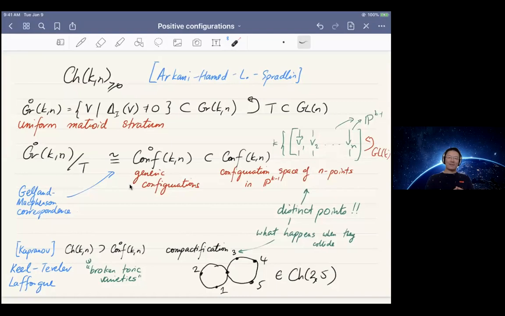The hypersimplex is the polytope which is the convex hull of the n choose k vectors, which are 0,1 vectors with k 1s and n minus k zeros. Some notation will appear later for this. But anyway, the combinatorics of this Chow quotient is hard, partly because, first of all, matroids are hard.